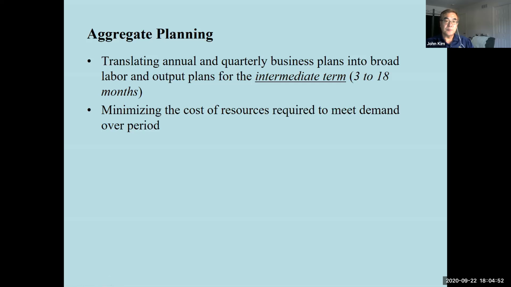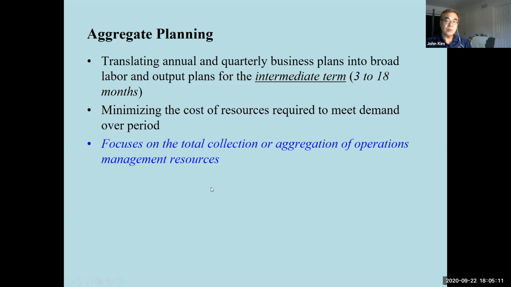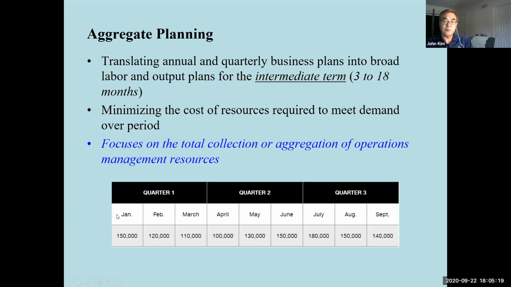Aggregate planning is between mid-term and short-term. So it is an intermediate-term plan, about 3 to 18 months, to minimize the cost of resources required to meet demand over the period, focusing on total aggregate resources.